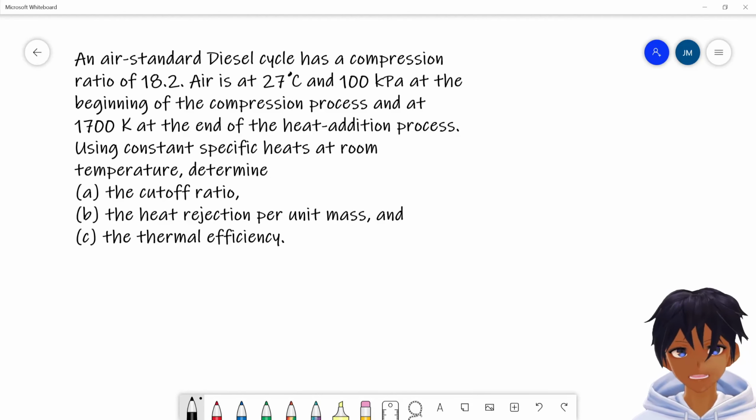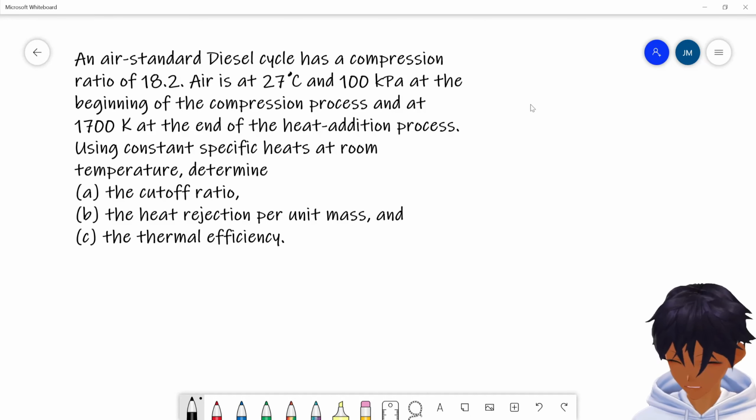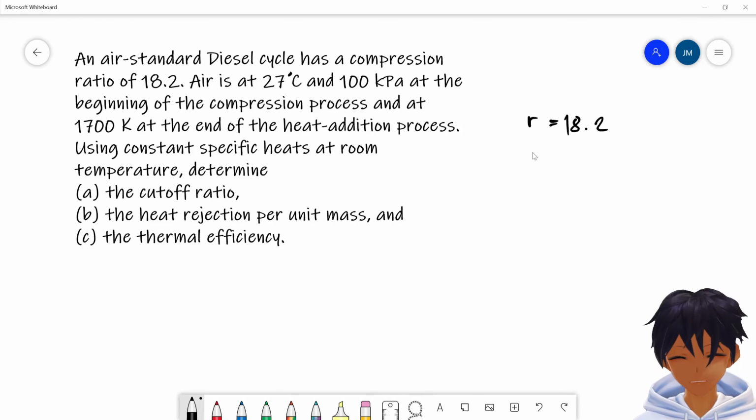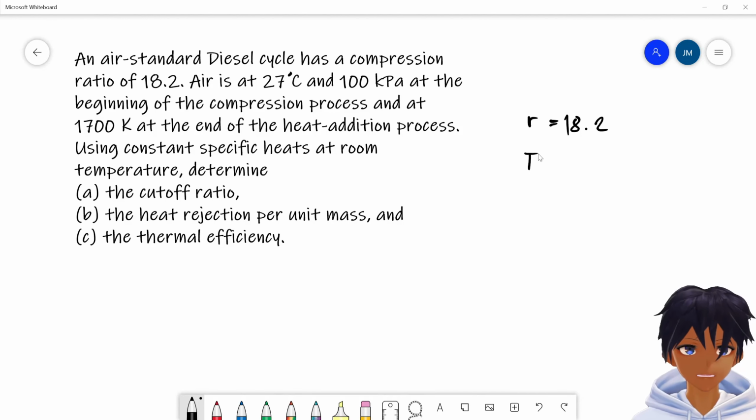All right, so let's continue on the diesel cycle for sample problem number 3. Here we are given compression ratio, 18.2, and temperature 1, 27.